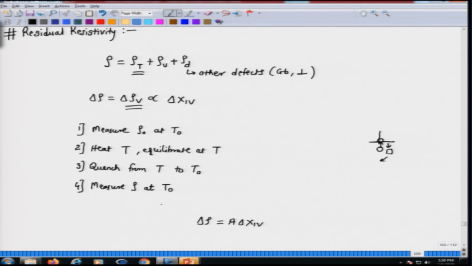Similarly, the dislocation density will be minimized after annealing, but during quenching dislocations may be introduced. So, we have to take care that dislocations are not introduced during quenching. We can try to avoid the introduction of new dislocations by first quenching to a lower temperature, let us say 100 degree centigrade, and then from there to the lower temperature T0.